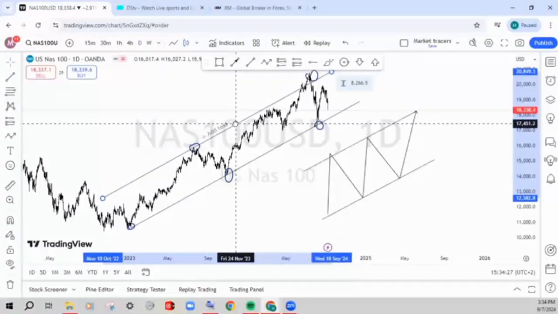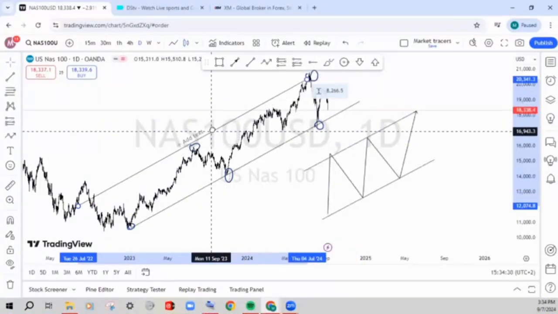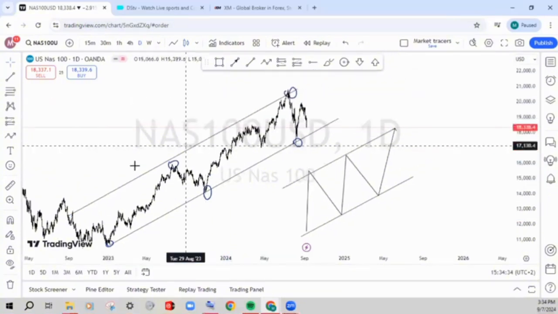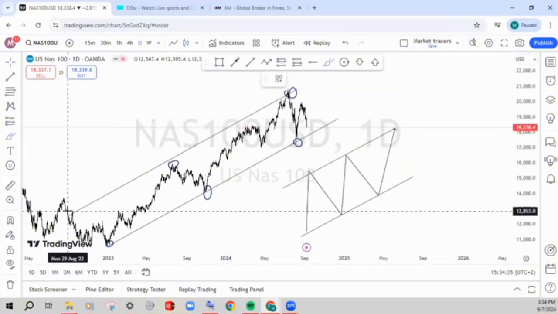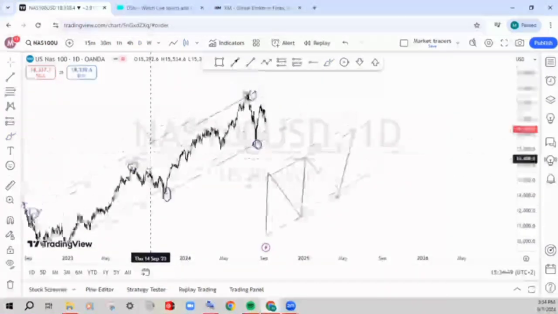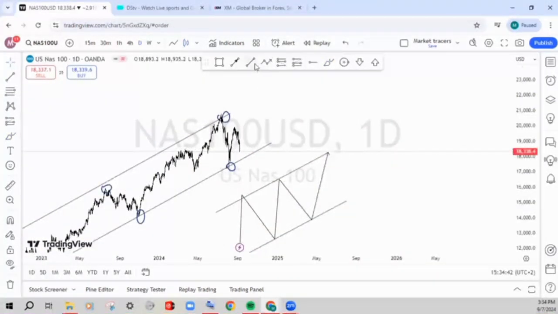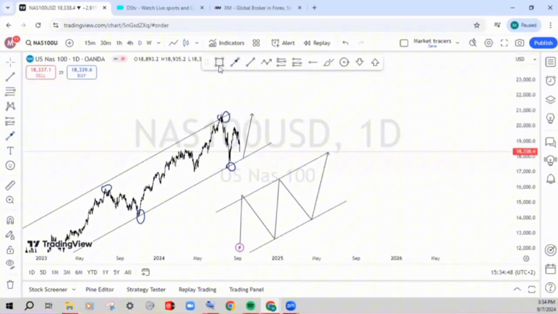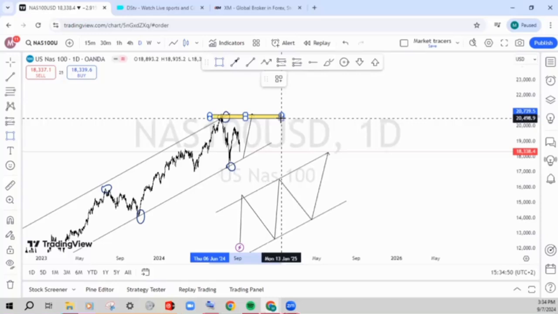So this applies even here, guys. Here we had a high, and there we had a high. Let me join my highs. When I join my highs, this one can also be classified as a high.